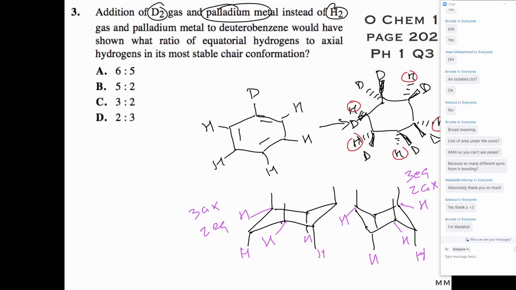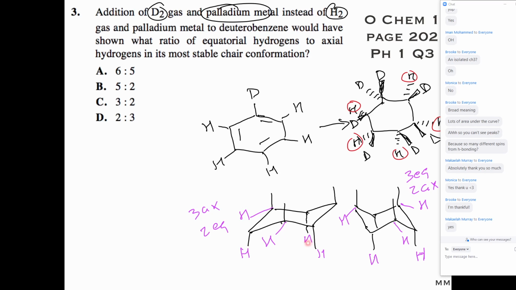Would you agree with that? If all of them are down, they alternate axial, equatorial, axial, equatorial. So I could start axial, equatorial, axial, equatorial, axial, or start equatorial, axial, equatorial, axial, equatorial. Based on that, gone and gone.